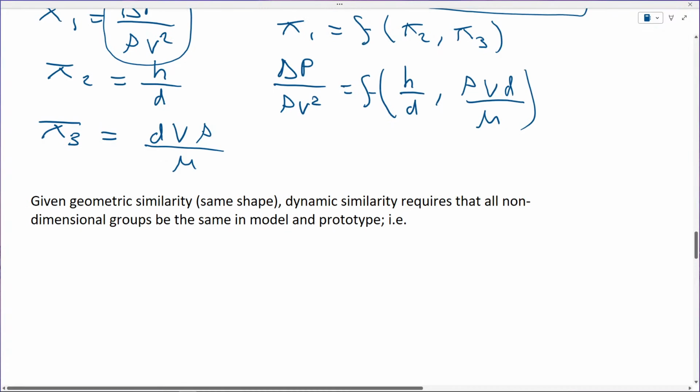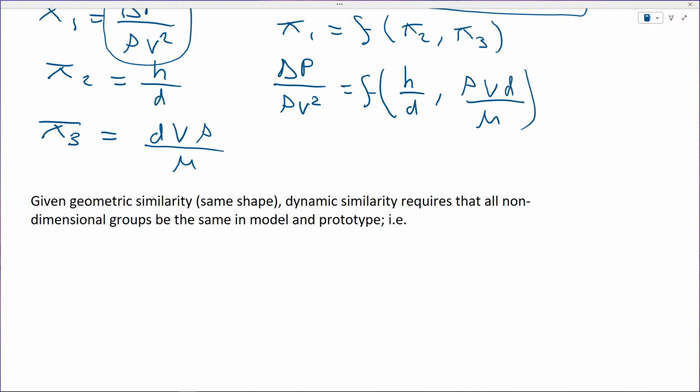Now, do you remember, we have geometric similarity, same shape, and kinematic similarity. So dynamic similarity would require that all non-dimensional groups be the same in the model and the prototype.